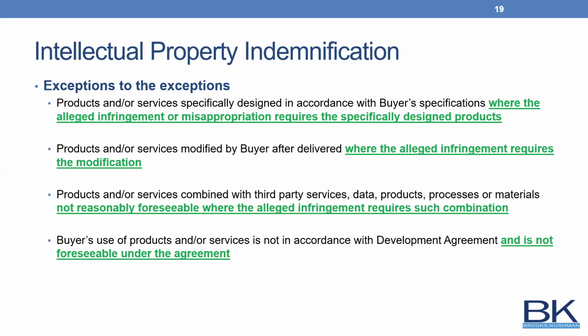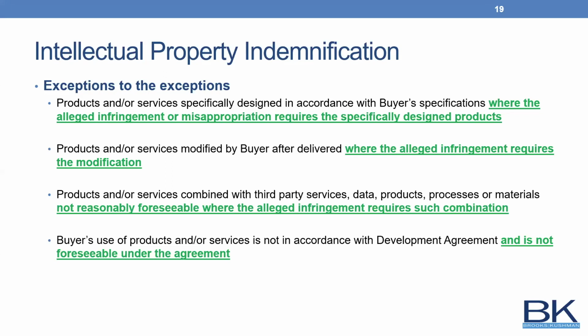And with respect to the last two, it's the combined use of the deliverable with third-party products or services. This is an area where I think we've both discussed during this webinar that in the software context, it's very legitimate and foreseeable that there's going to be a combination of whatever the software deliverable is with a bigger software system and how it plugs into the purchaser's overall system.